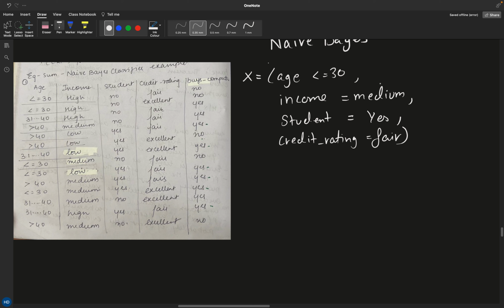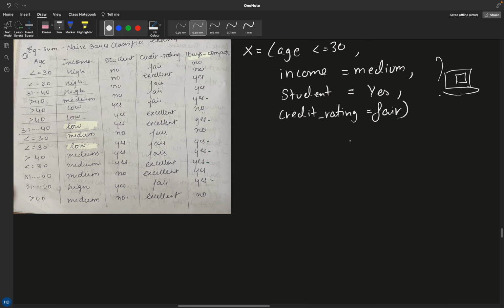We have to find if this person can buy a computer or not. Can he afford this or not? So how do you solve for that?